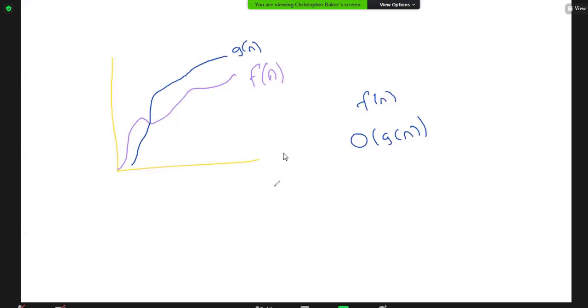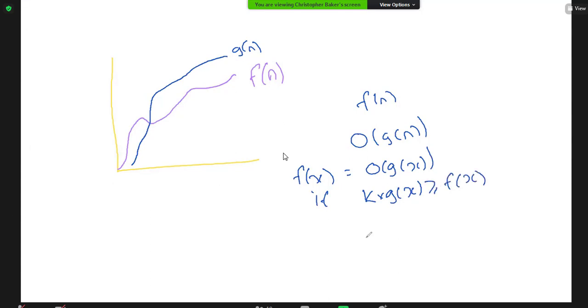As a formal definition, we have f of x is equal to the order of g of x if you can find a function g of x, where k times g of x is bigger than your f of x.